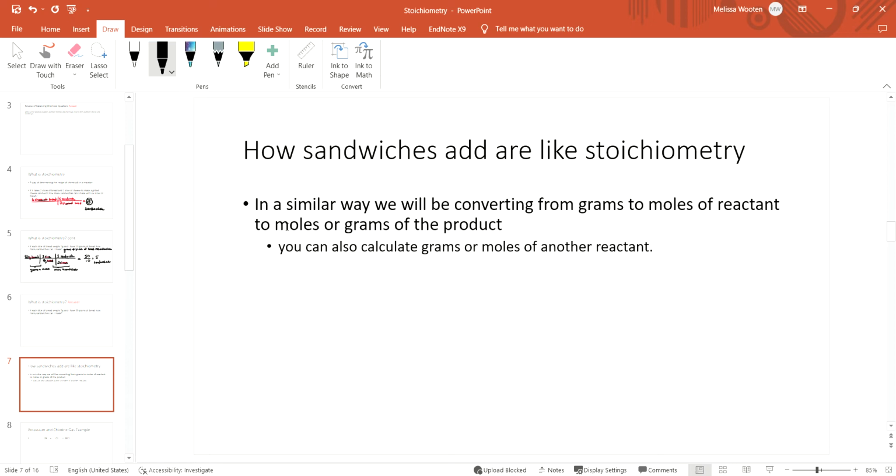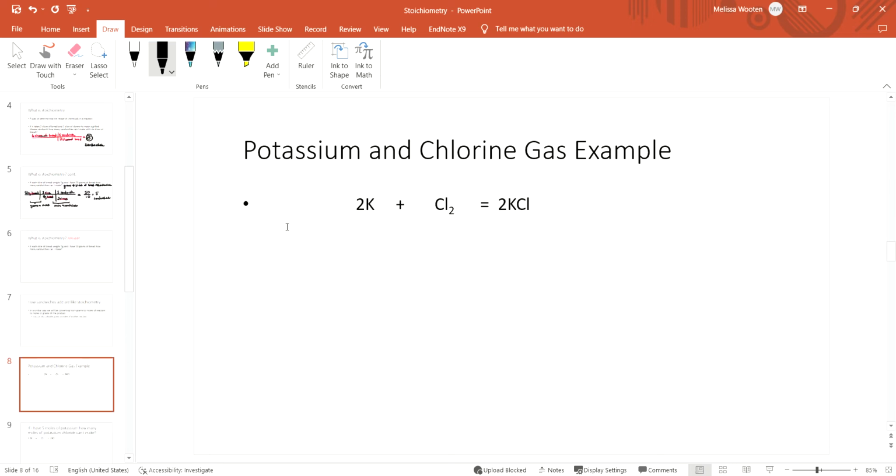And so, when we read a balanced chemical equation, why does the equation have to be balanced? Well, the balanced chemical equation shows us the recipe.